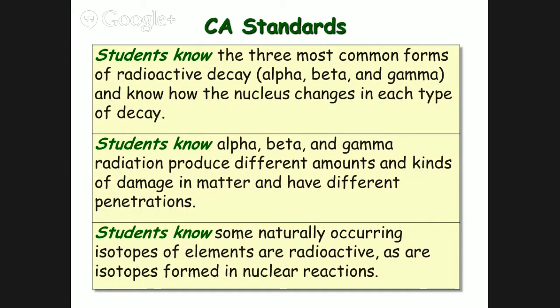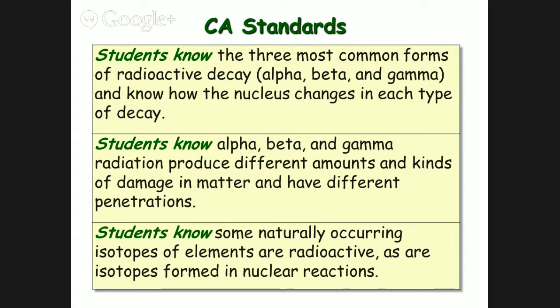Okay, so this last part of our unit is on nuclear chemistry, and specifically, it's about 3 types of radioactive decay: alpha, beta, and gamma decay, and how they change the nucleus.